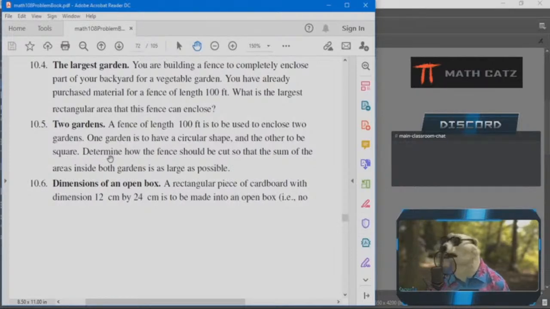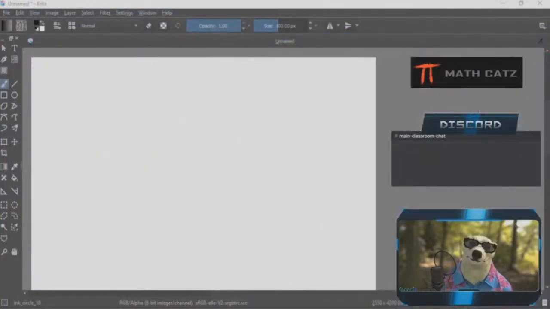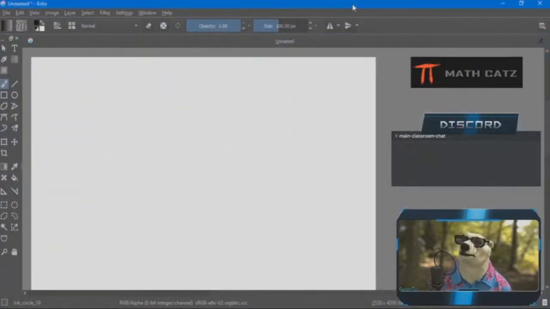Determine how the fence should be cut so that the sum of the areas inside both gardens, all together, is as large as possible. So we have a very similar situation. But you'll see that in this one, some interesting things come up, making it definitely worth investigating.